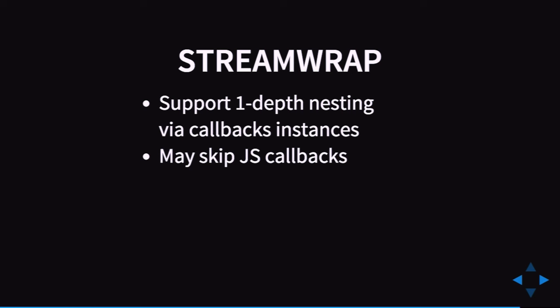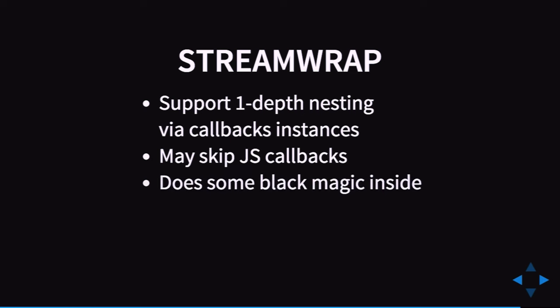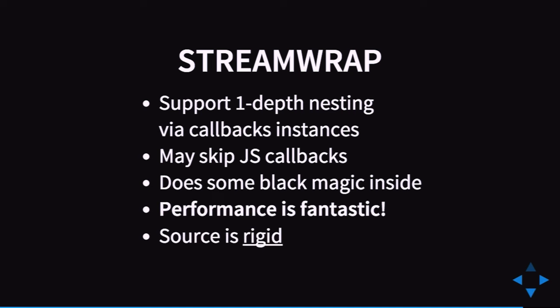For example, if the TLS protocol is performing a handshake where it sends the certificate of the server and replies to this with some crazy crypto stuff, it doesn't really invoke any JavaScript callbacks yet, because there is no connection to talk about yet. And it does some black magic inside, which is not great either, but performance is really fantastic. The source code is rigid.